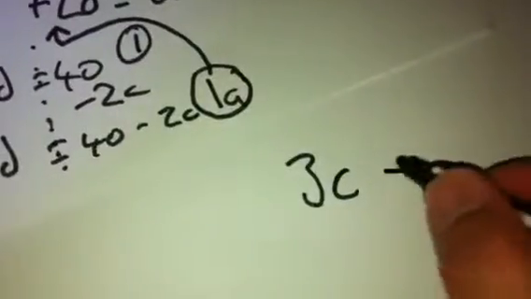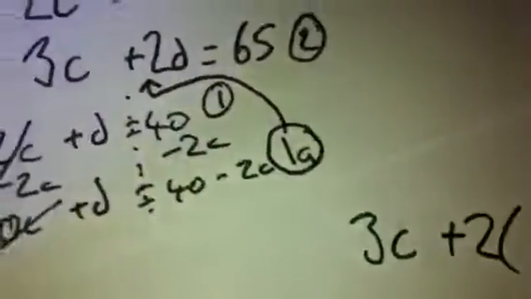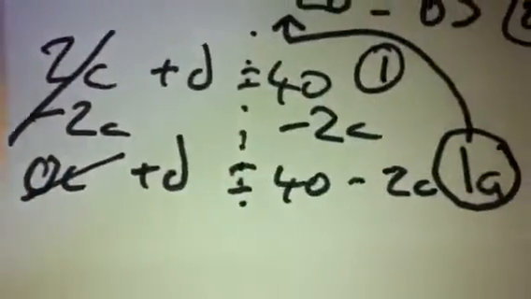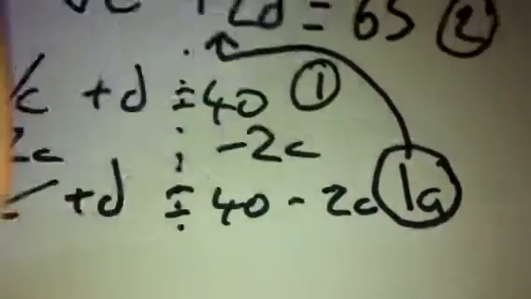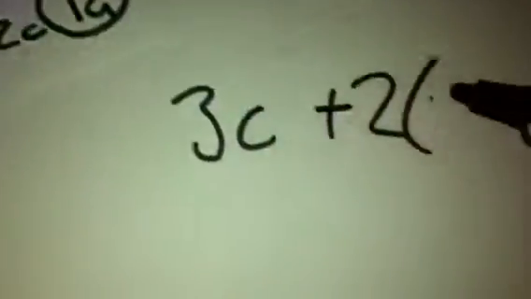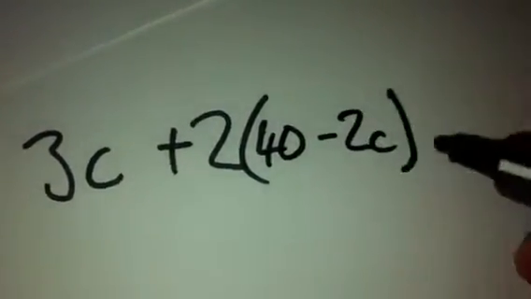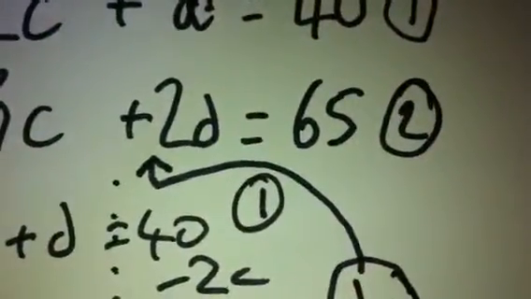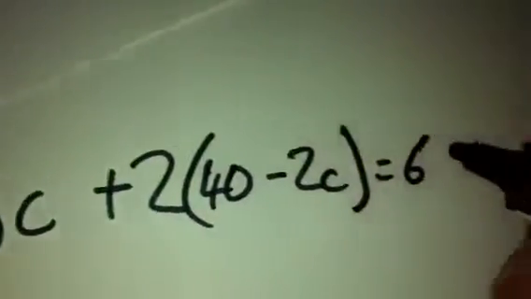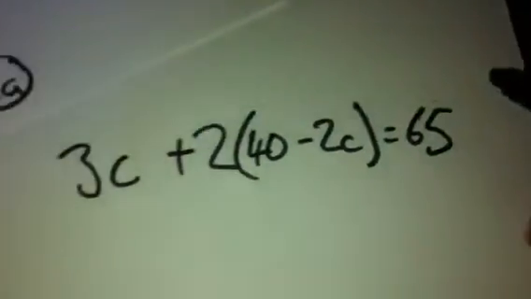And instead of D, we put brackets, and we put what we know D to be, which is 40 minus 2C. So look, we worked out that D equals 40 minus 2C. So let's go back to our brackets. 2 times D is 40 minus 2C. Close those brackets. Equals, go back to the equation 2, 65. So we write 65.